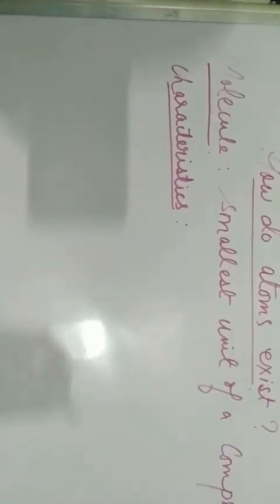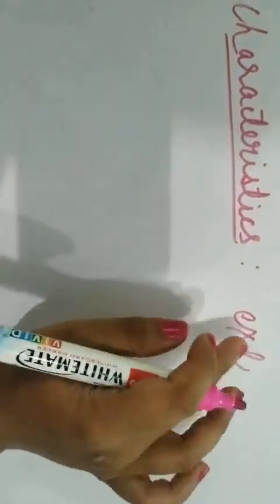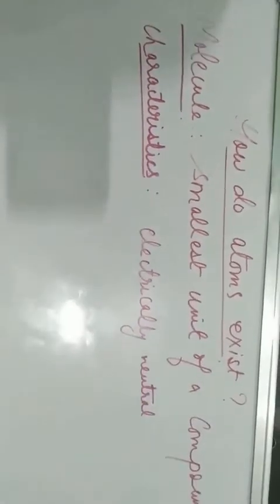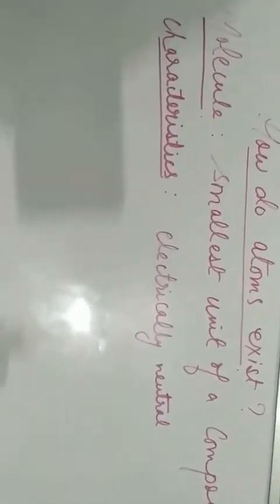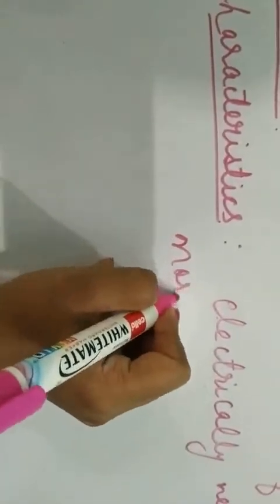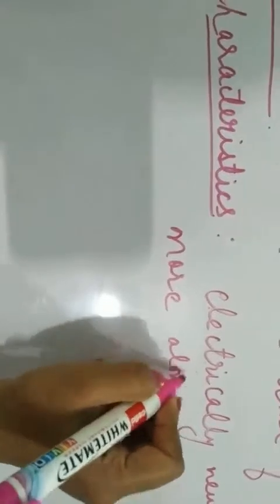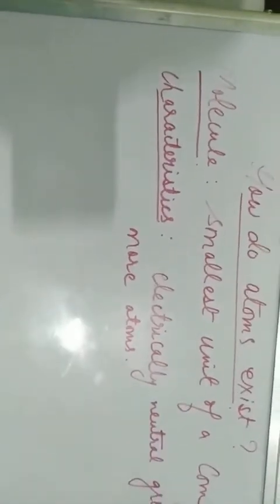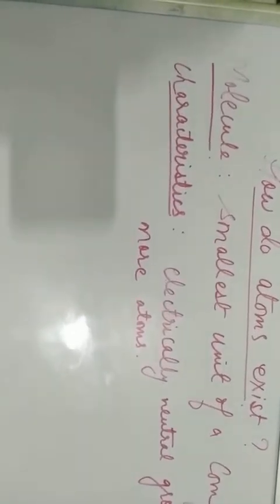First of all, a molecule is electrically neutral, a group of two or more atoms. Right. Then molecules can exist in free state because they are energetically stable.